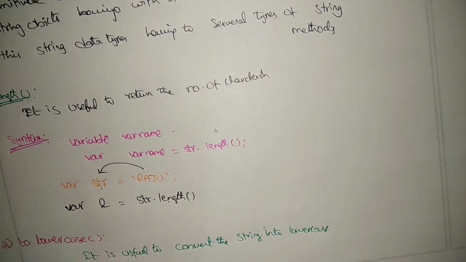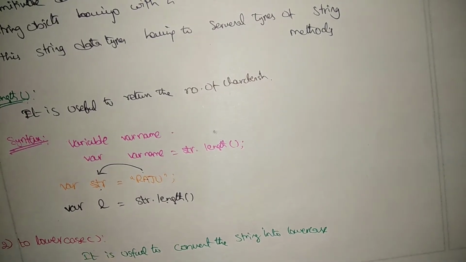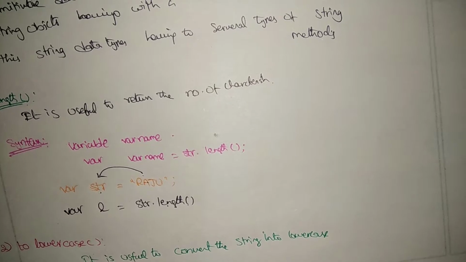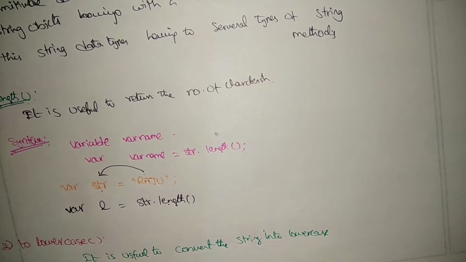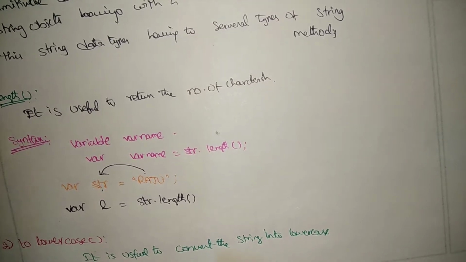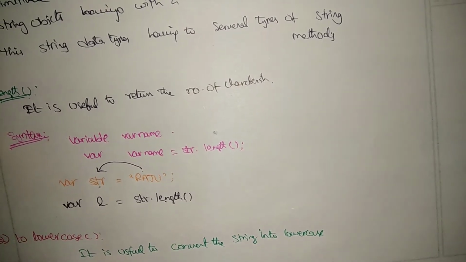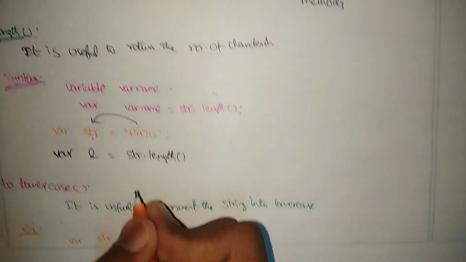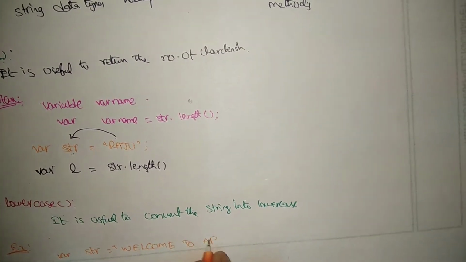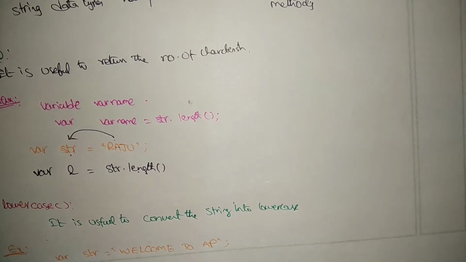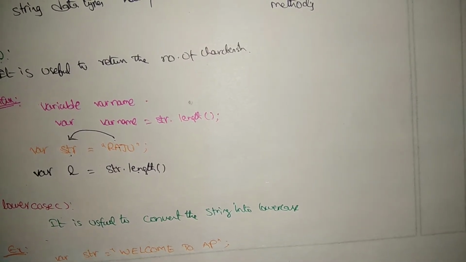Let me give one example. Now I am taking variable str equal to, I will write in capital letters, WELCOME TO AP. Here to convert it we use the string function toLowerCase.